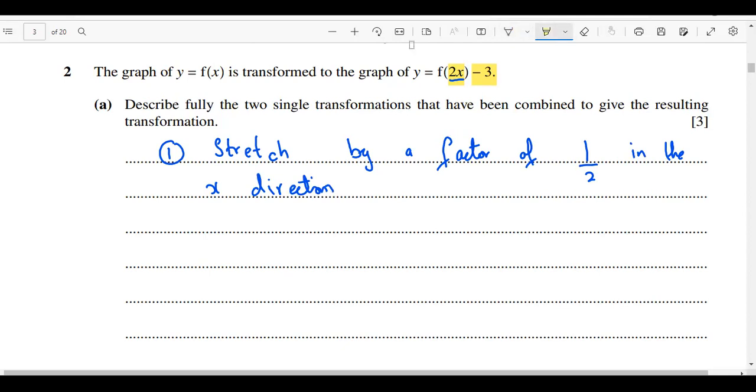So the three important keywords are this: if it's a translation, then you need to tell it. If it's a stretch, you need to tell the stretch factor. And if it is translation, then the translation vector and the direction. These are your three important things which you need to tell whenever you are explaining any transformation.